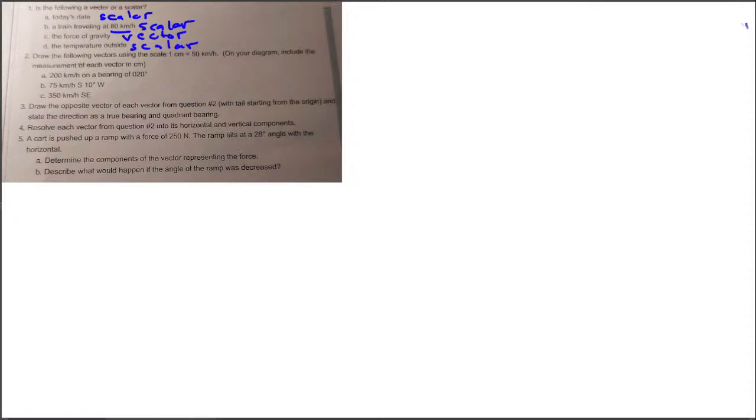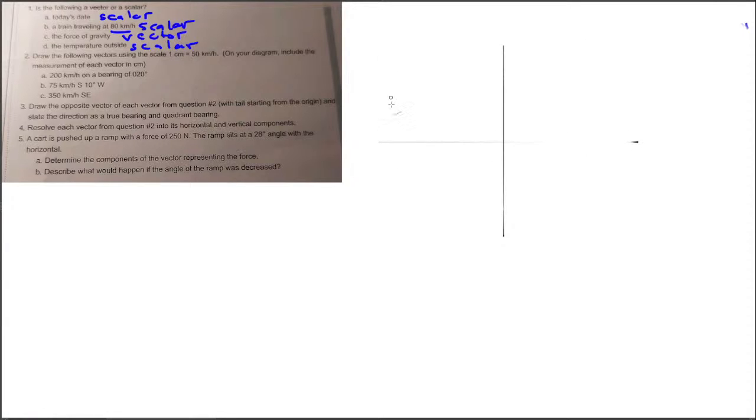Okay, draw the following vectors using the scale 1 centimeter equals 50 kilometers per hour. On your diagram, include the measurement of each vector. Stressing about how accurate your angles are is probably the wrong way to go here. You should care as little as possible. Care exactly as much as your teachers do, which is probably not very much.